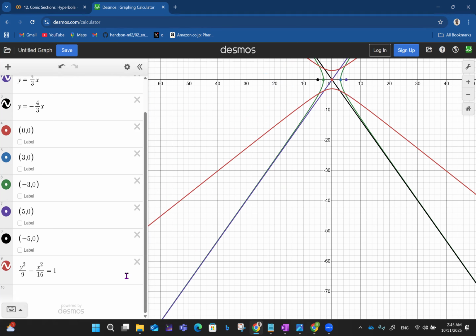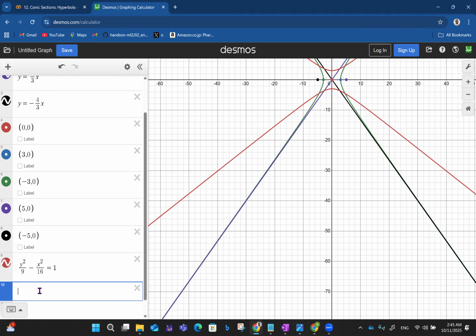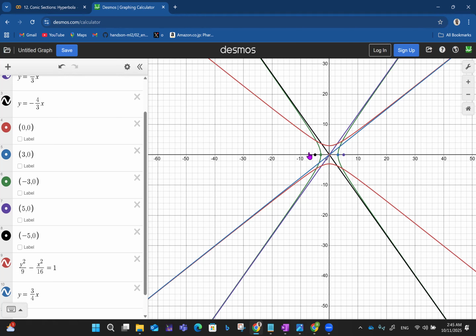So in this case now, we have the asymptotes to be, I think it's still y. So that's y equals 3 over 4 x. That's an asymptote to the red one.